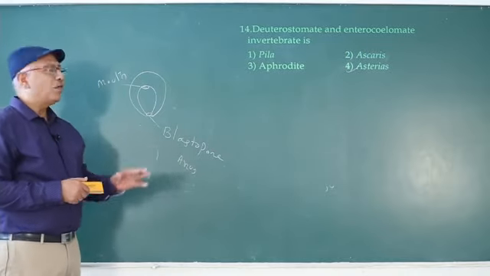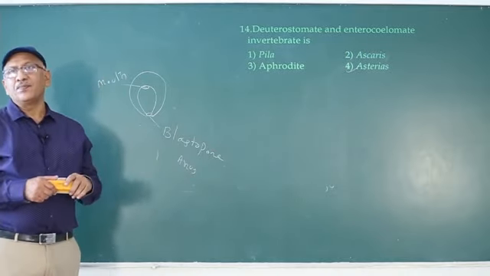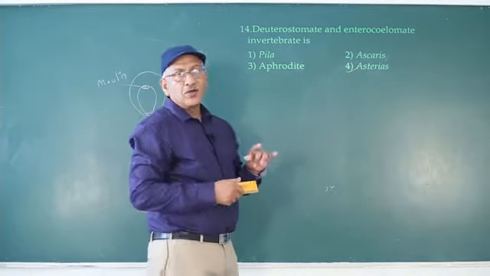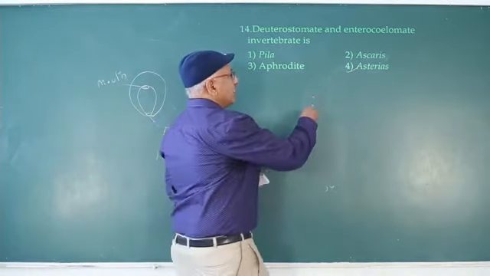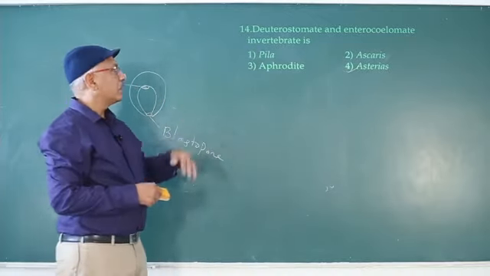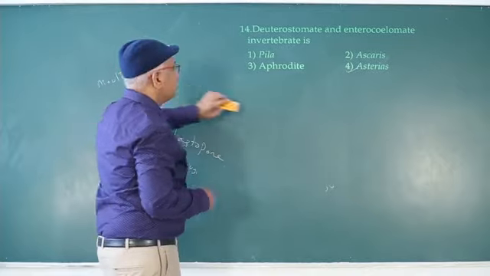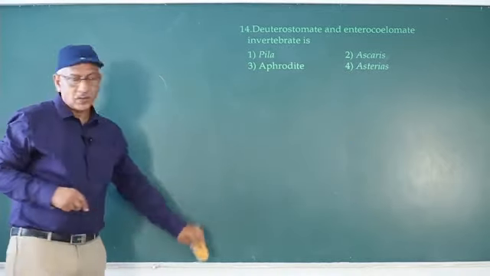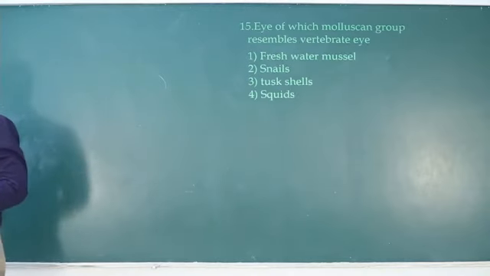Enterocoelom: coelom formed from the archenteron. That phylum is Echinodermata and Hemichordata. Asterias belongs to phylum Echinodermata. That's why the answer is 4. So, next question.